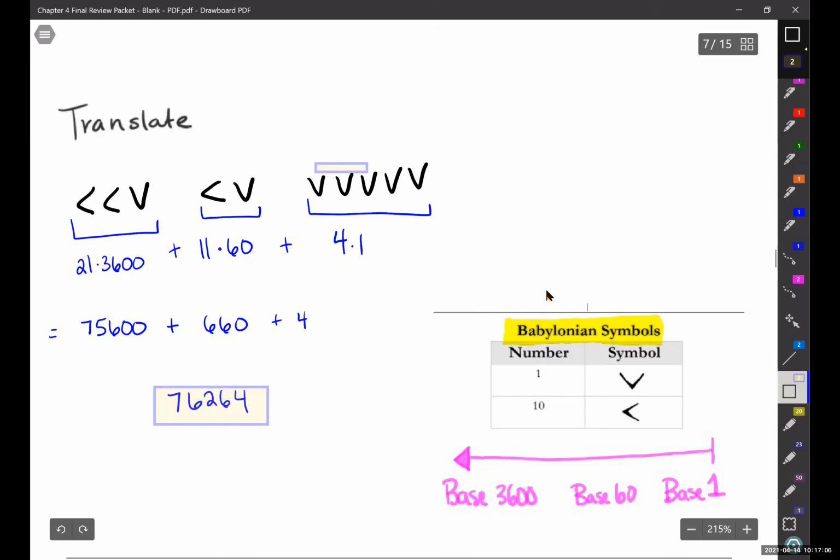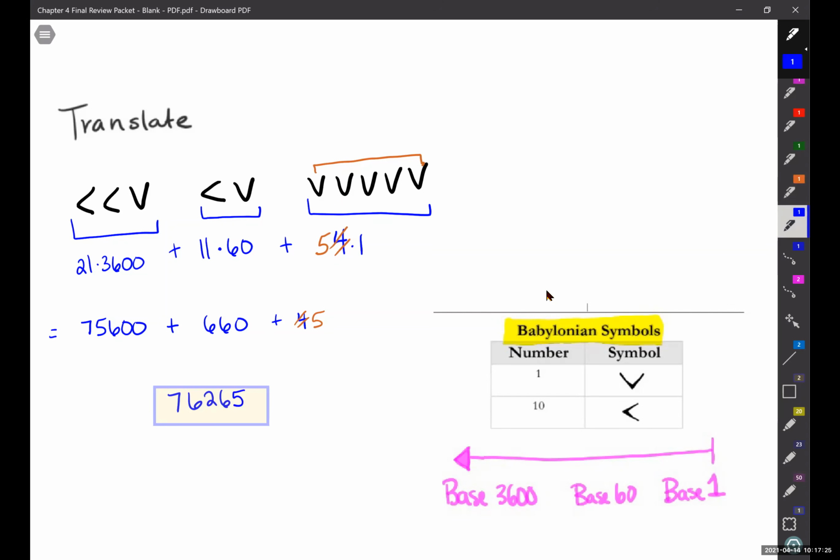So here, oops. This is 5 ones, right? So I definitely had the error. This should have been 5 times 1, which would make this 5. And now with this correction, do y'all agree with this answer? Okay, thank you, everyone. So watch out for those small details.